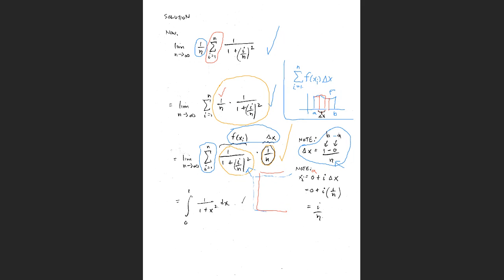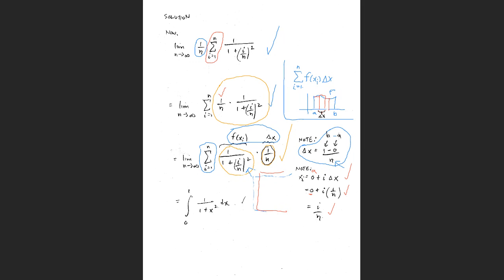If we use the right endpoints, then x sub i would equal a plus i times delta x. If we let a be 0, with delta x equal to 1 over n, you get i over n.